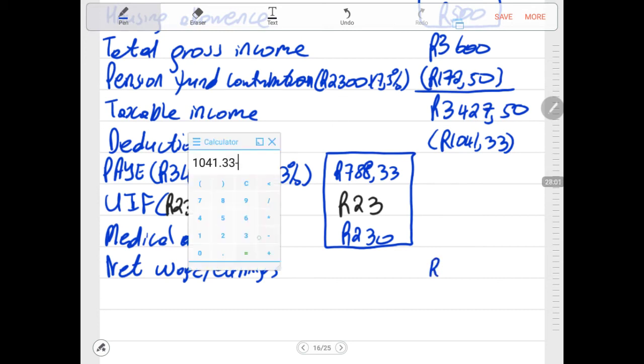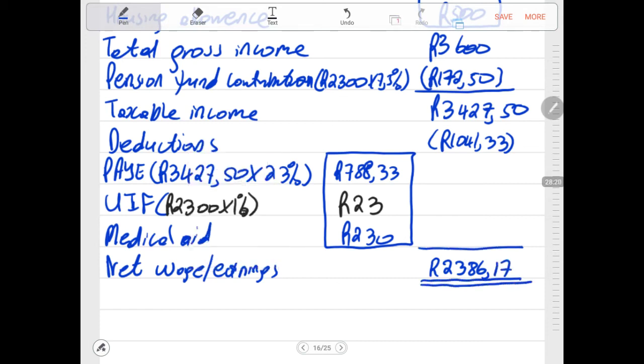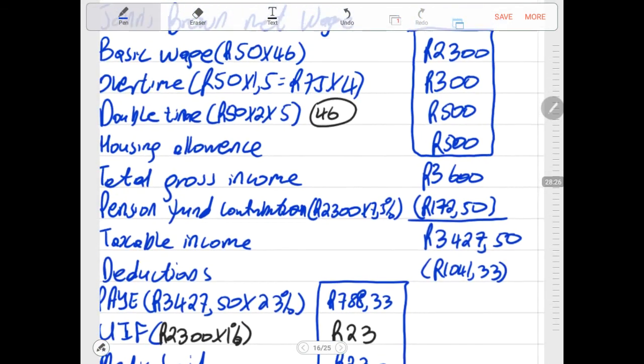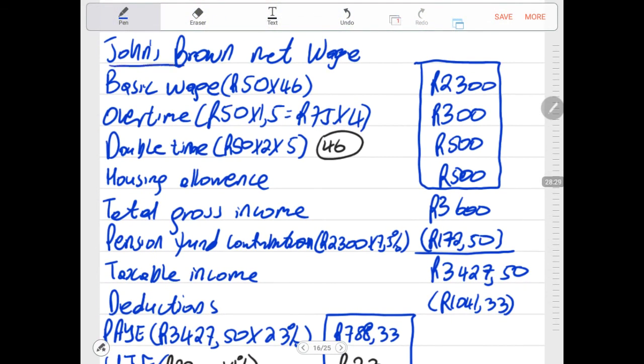Then we say minus 3,427 rand 50 cents, this is going to give us 2,386 rand 17 cents. So now this is the salary that will be paid to this employee for the week. So the company will pay this to this employee for the week. Who is this employee? We're talking of John Brown.